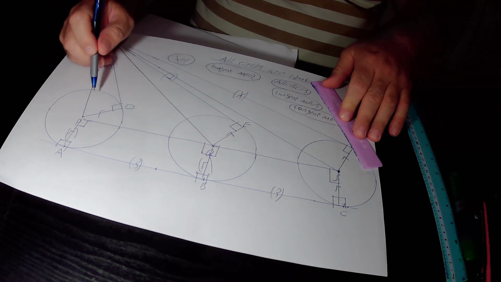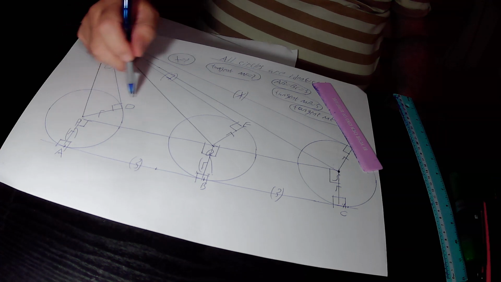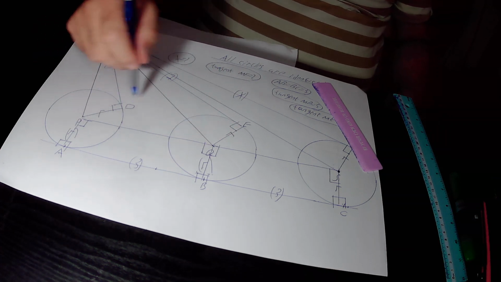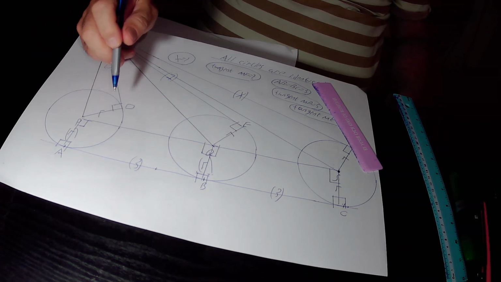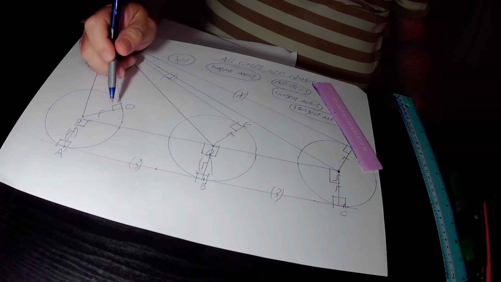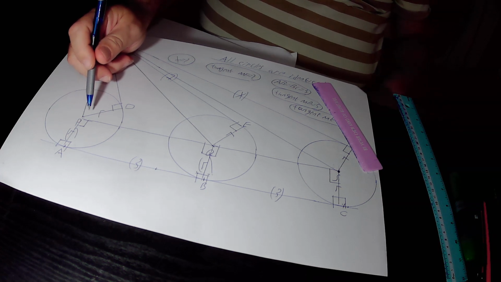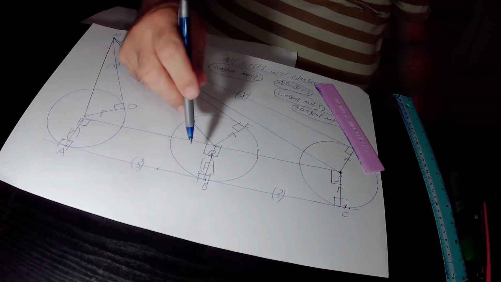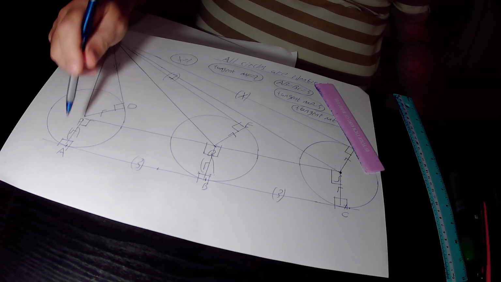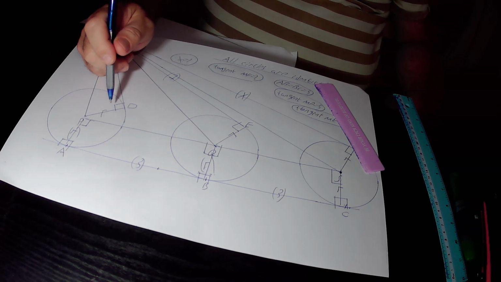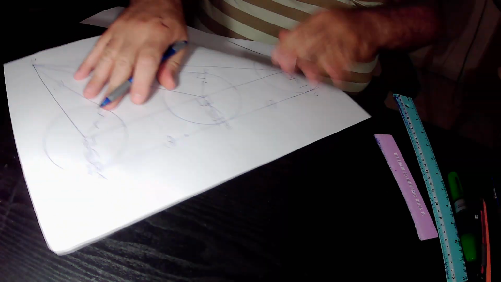So actually, inside quadrangle PQBA, we have 4 right angles, and according to rule 5, any quadrangle that has 4 right angles must be a rectangle. So we relate to this quadrangle PQBA as a rectangle because it has 4 right angles.